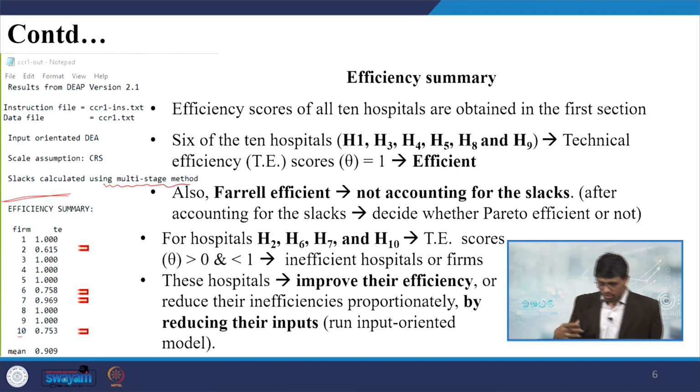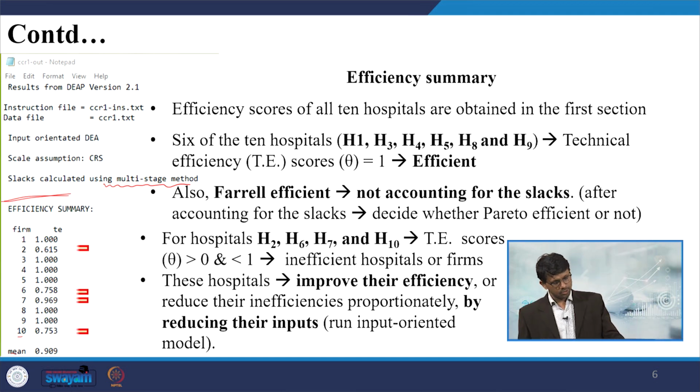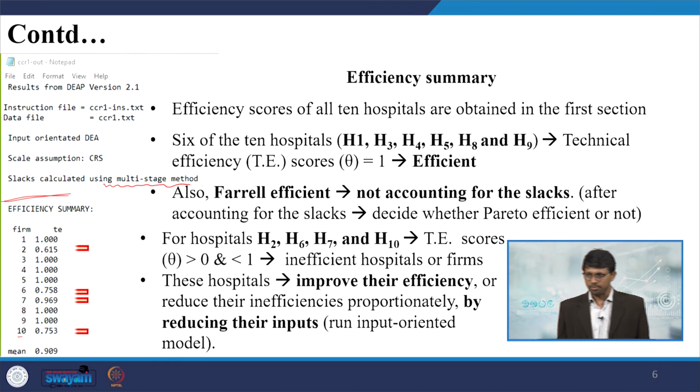So, we need to have a scope for utilizing its slacks, if you remember. Hence, we will try to differentiate Farrell efficient as against Pareto efficient firms. So, these have scope for improvement. So, improve their efficiency or reduce their inefficiencies proportionately by reducing their inputs through the input oriented models.